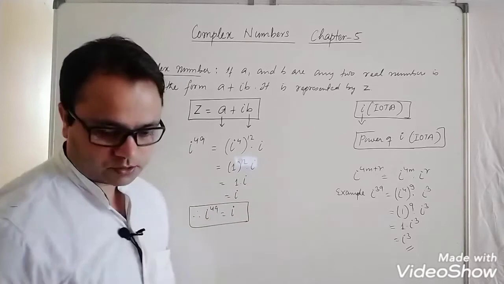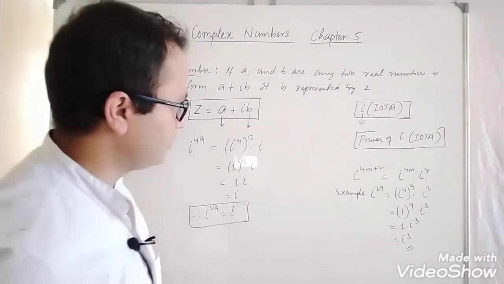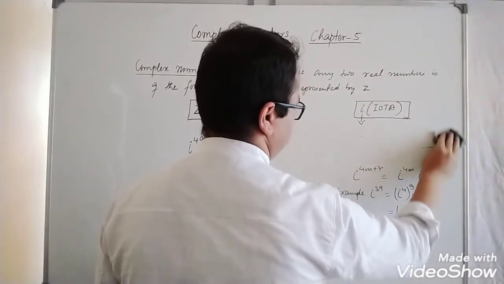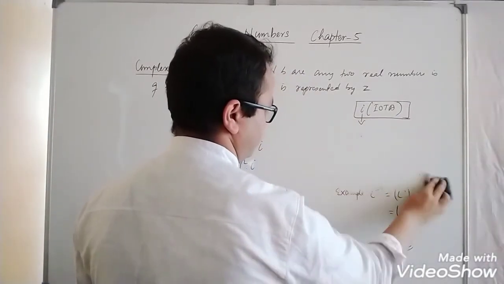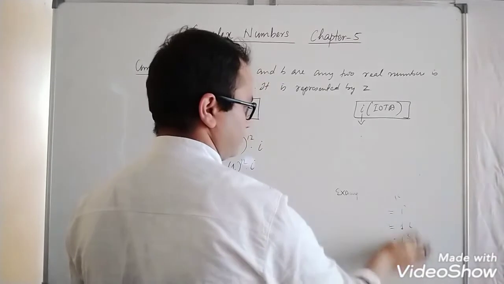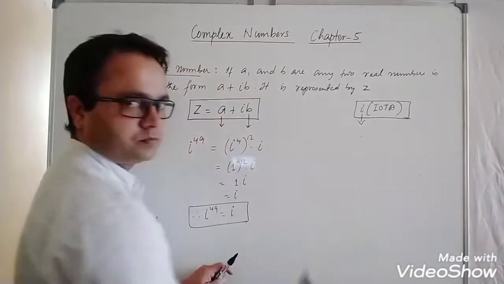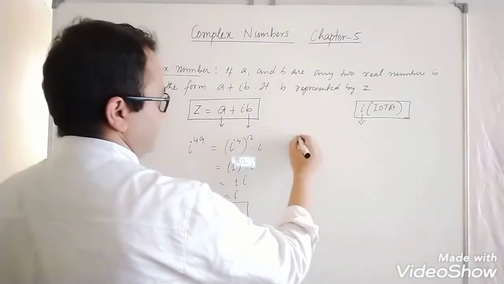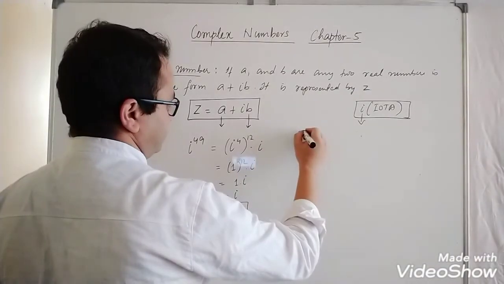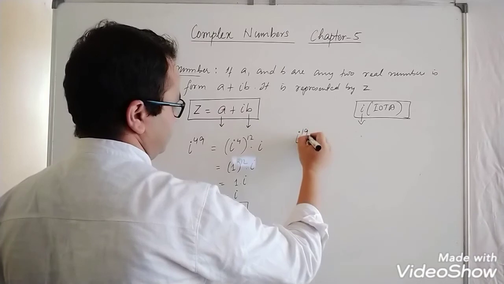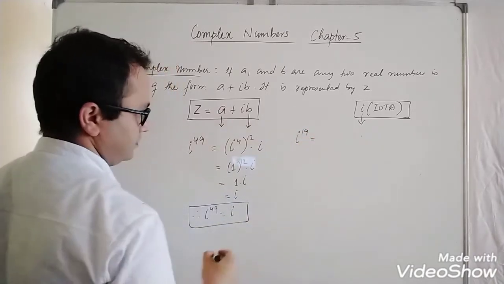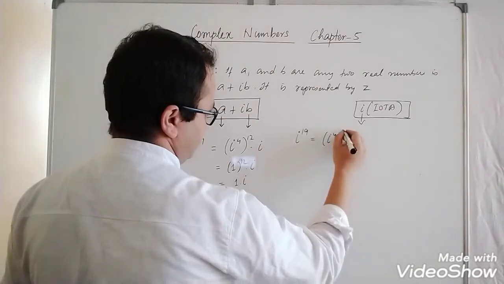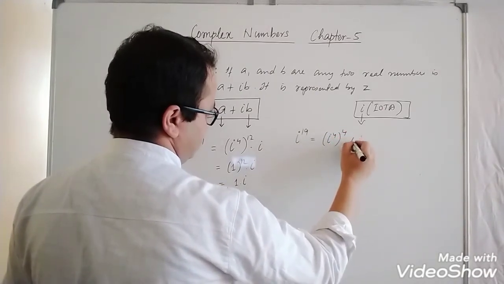Similarly, we can take another example for power of i: i to the power 19. First we will write 4 and 4, then the remainder is 3.